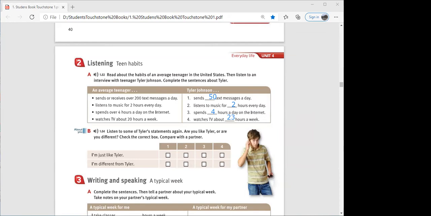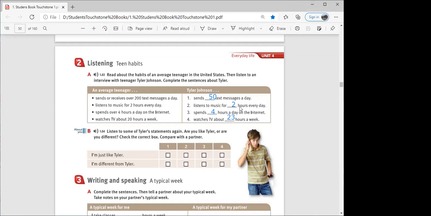Page 41. 2. Listening. Teen habits. B. Listen to some of Tyler's statements again. Are you like Tyler, or are you different? Check the correct box. 1. So I send and receive about 100 text messages a day. That's not bad. 2.